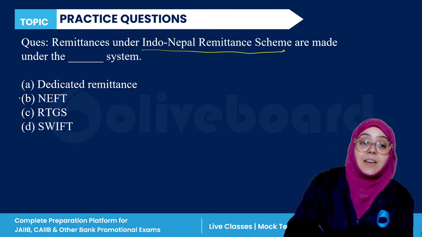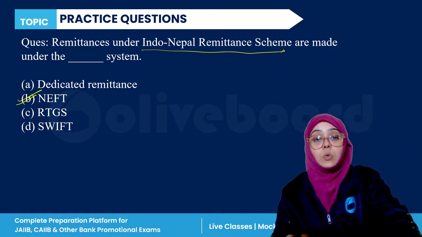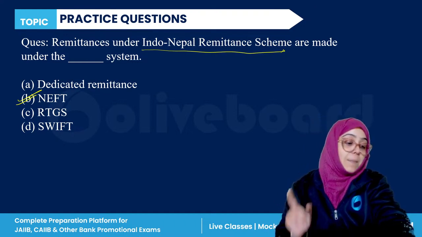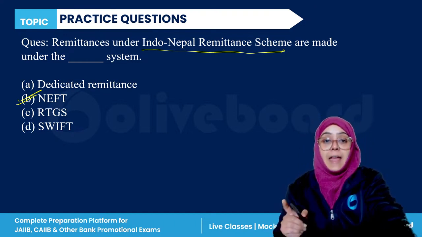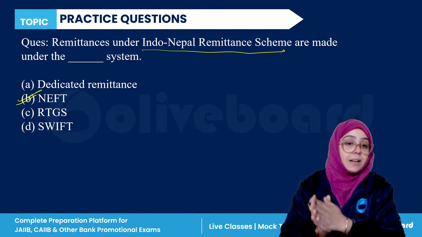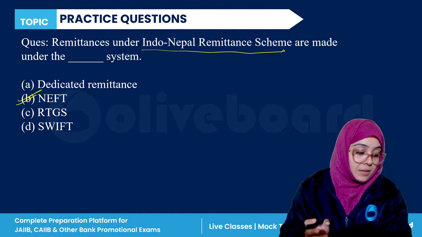Yes, so the correct answer is NEFT. Hema, why SWIFT? I have told you that the Indo-Nepal Remittance Scheme is actually settled by NEFT, National Electronic Fund Transfer. So B is the correct answer.